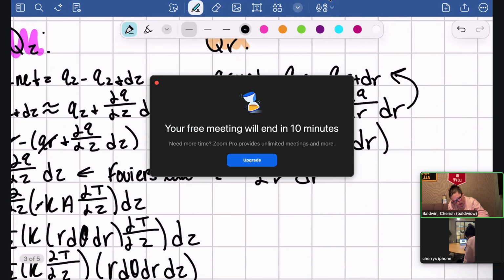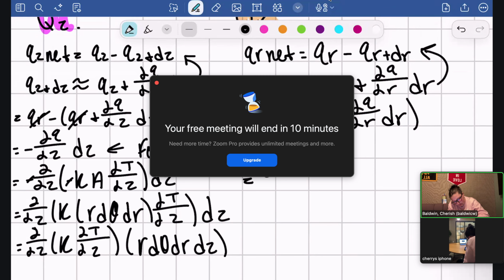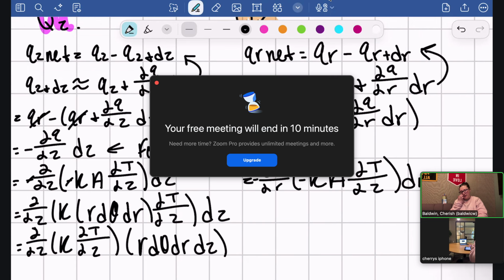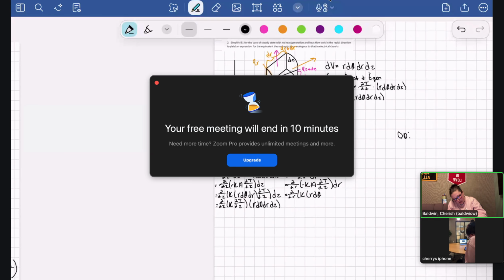And then Fourier's law again. So then that gives you that, and the negatives cancel out, and area for this one is r d theta times dz.